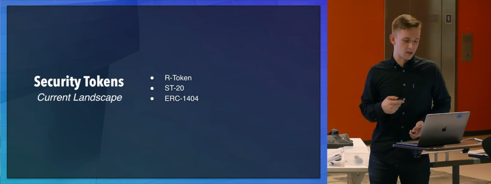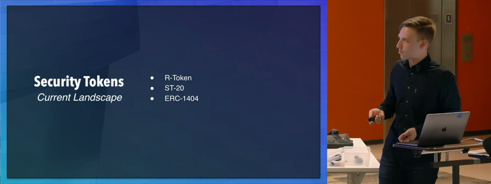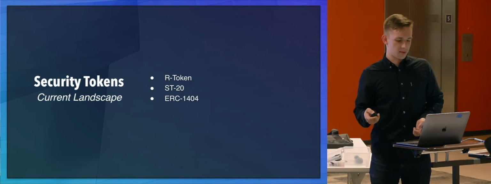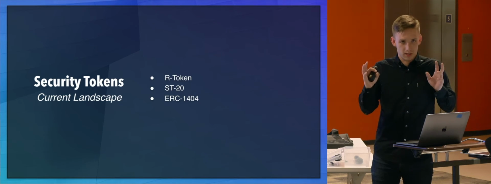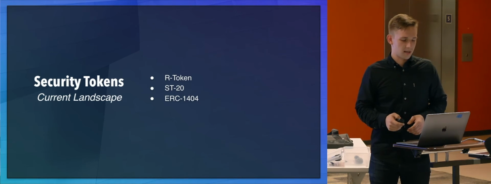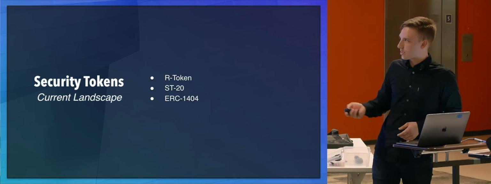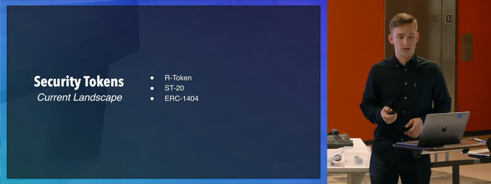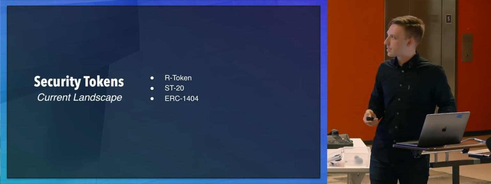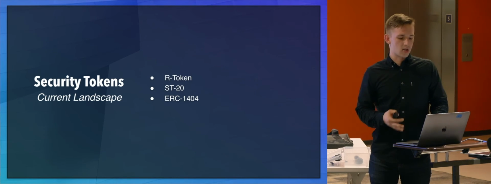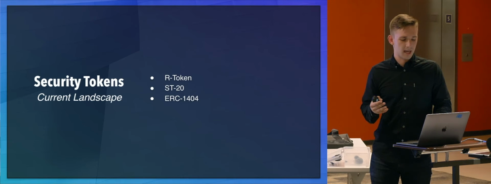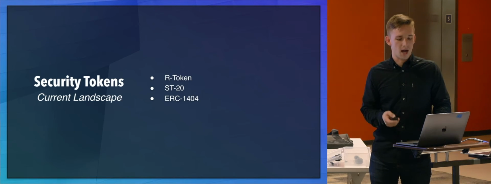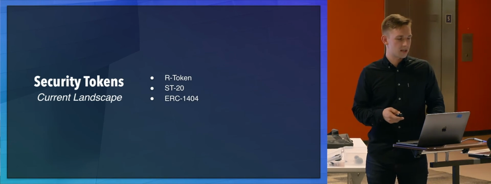I think the current landscape is best represented by 3 implementations of the security token idea we're describing. The first of those is R-Token, a smart contract pattern developed by Harbor Network. The second is ST20, a smart contract and open standard being actively promoted and developed by Polymath, a security tokens company.